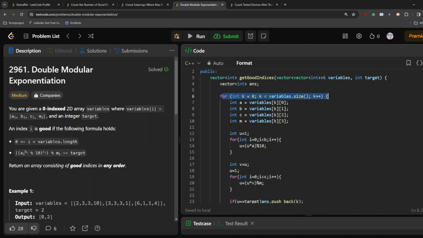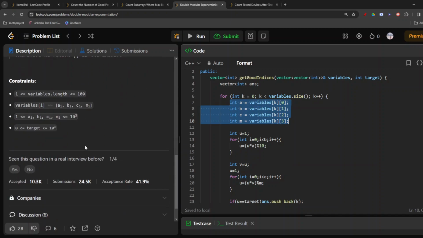We don't need an n square loop for accessing that matrix, because we are required to take each row of the matrix as it is and extract the variables, and there are a fixed number of variables, as it is mentioned in the constraints as well.